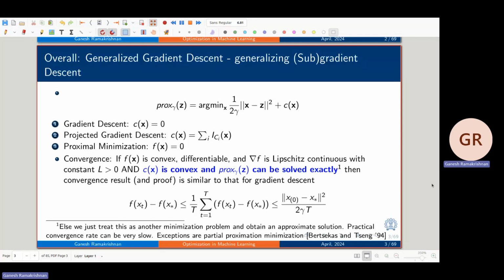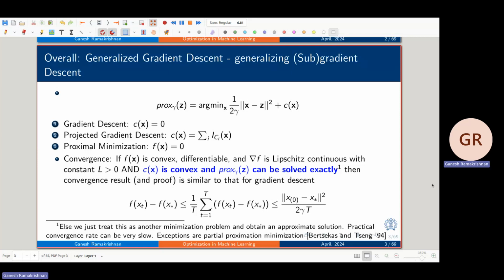We had the C(x), which could be an indicator function coming from constraints, and we have a general claim: if f(x) is convex differentiable, f is Lipschitz smooth, C(x) is convex, and this prox can be computed exactly, then the convergence proof is very similar to that of ordinary gradient descent, under similar conditions, I mean Lipschitz smoothness, etc.